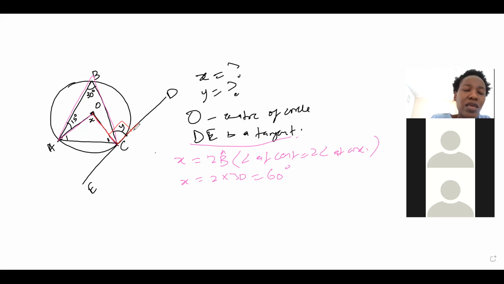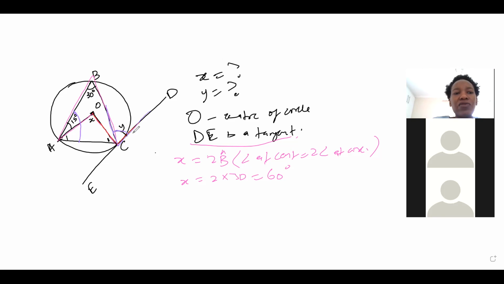Then also, besides that one, can you see a tan chord theorem? This is a tangent and Y is the angle between a tangent and a chord. And this Y will be equal to the angle on the alternate segment.